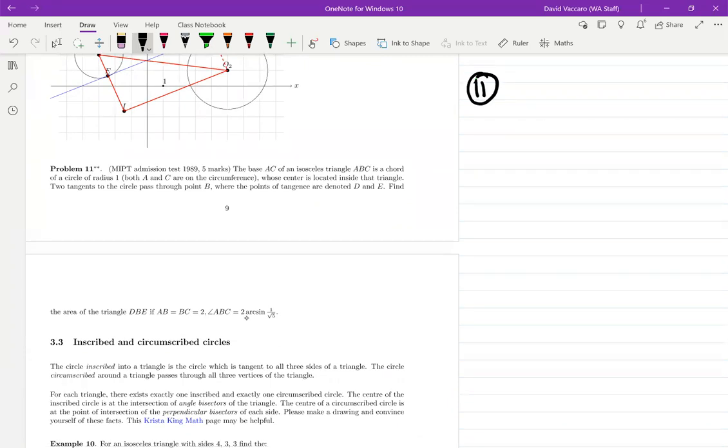So, question number 11. The base AC of an isosceles triangle ABC is a chord of a circle of radius 1, both A and C on the circumference. So sorry, AC is the base.